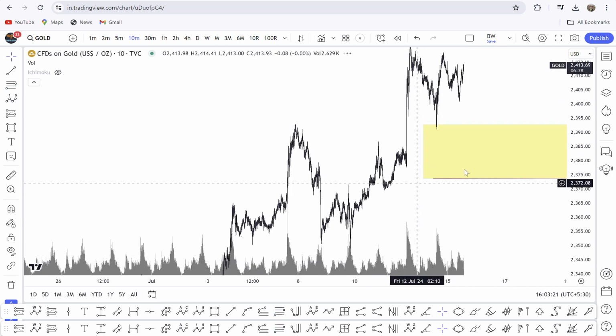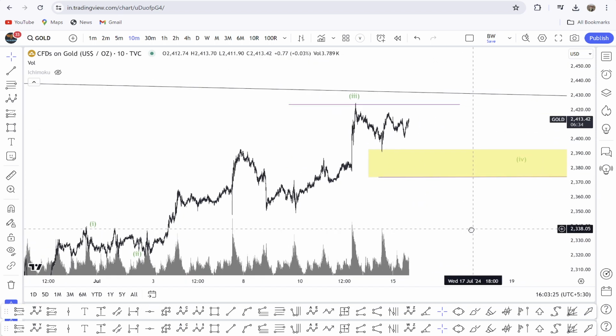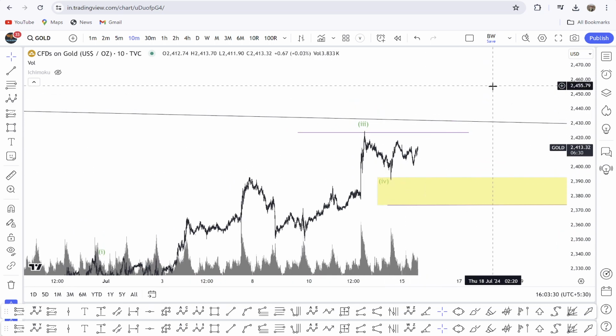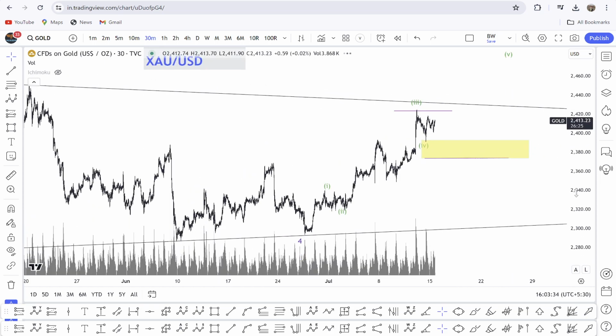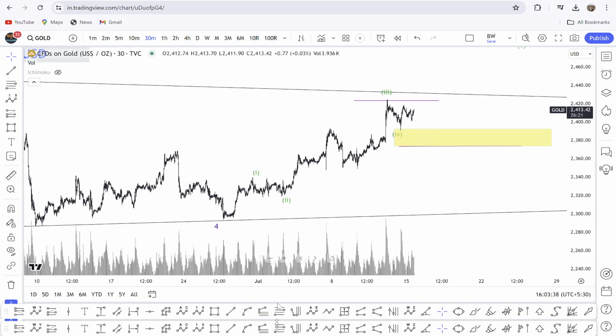So either we have completed the correction here. This is 3, this is 4, and one new impulse third. Or there is one more possibility.